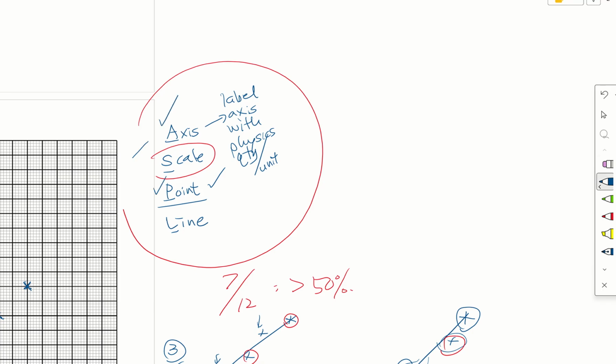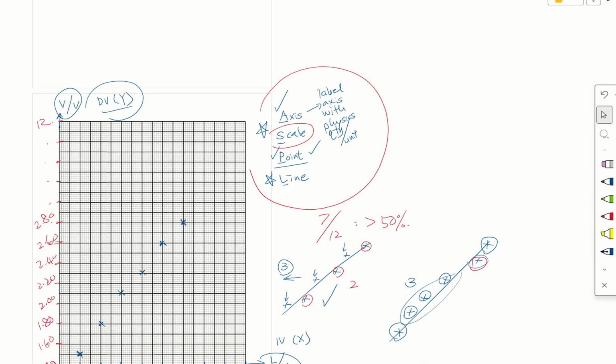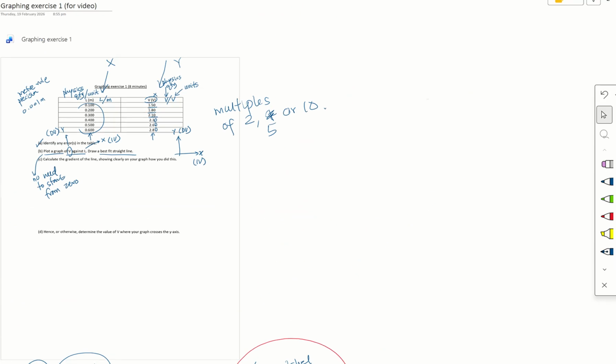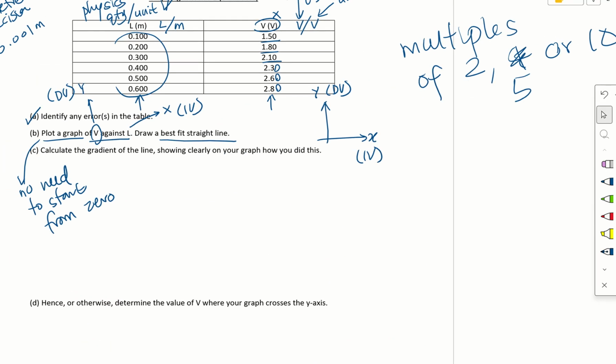What you need to practice more is the scale and the line. So this covers the graph plotting, and usually it is 4 marks. Some questions actually tell you to draw a best fit straight line. Now if it's a best fit straight line, we need 6 sets of data.